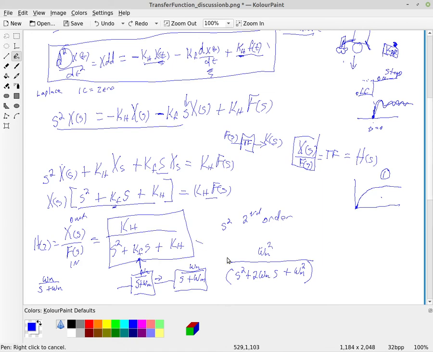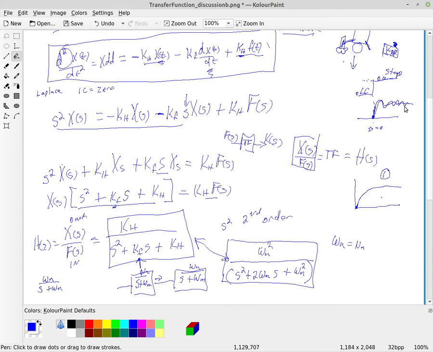Now if you look at these two, they have basically the exact same form. What I called omega_n there is what we call the natural frequency of the system.